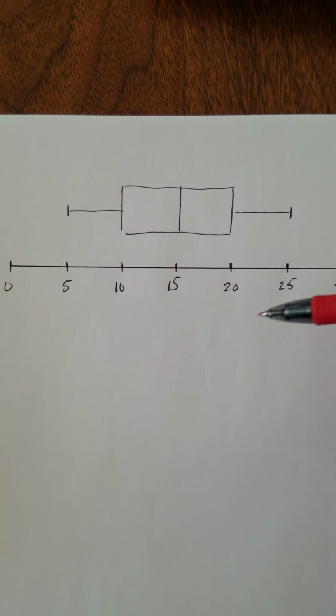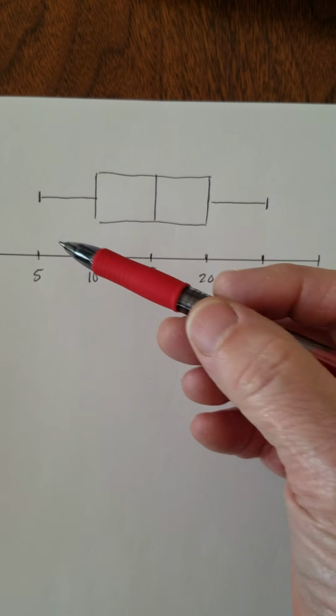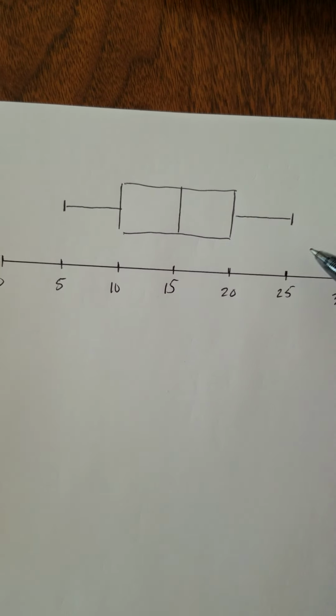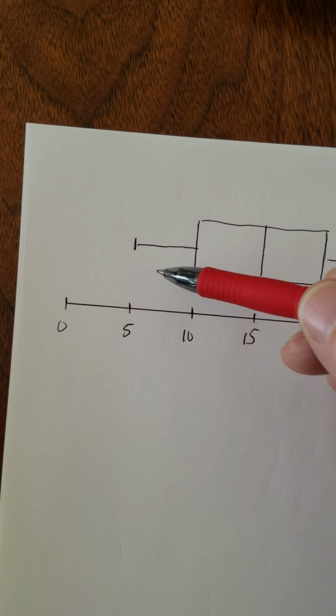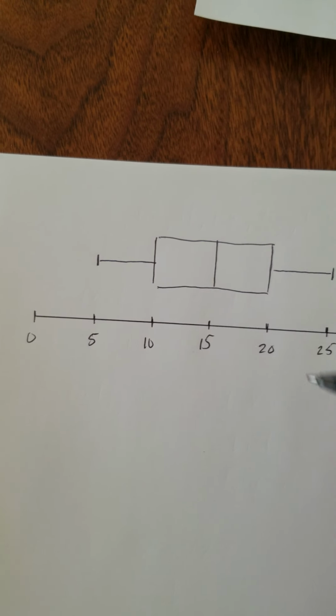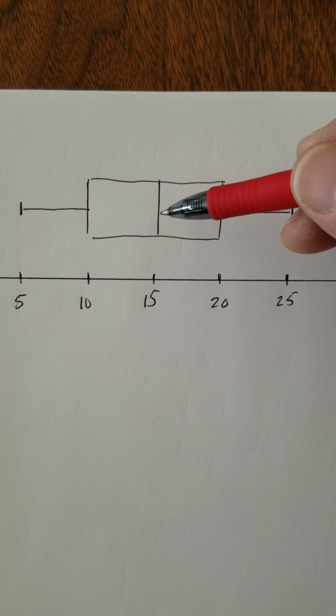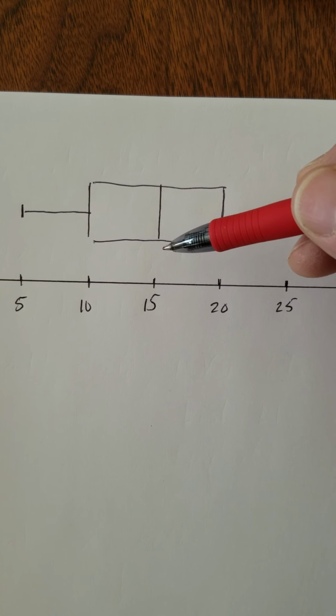How are things laid out with your numbers? It looks like things are pretty symmetric. You can see it goes from about 5 to 25. You can see where the bottom 25% is, the bottom 50%. You can see that. When you look at the median, you're going, well, it's just a little bit more than 15.